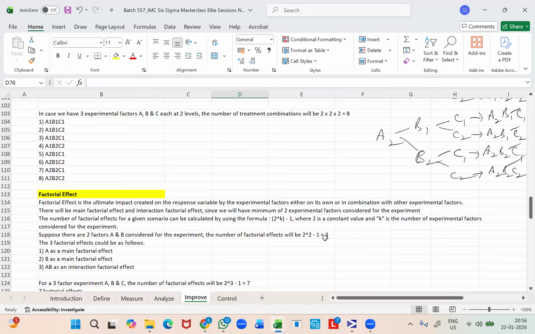Here I have just given the calculation. When we have two experimental factors considered for the experiment, the number of factorial effects will be 2 to the power of 2 minus 1, which is 3. The three factorial effects in terms of A and B will be A as a main factorial effect, B as a main factorial effect, and AB as an interaction factorial effect, right?